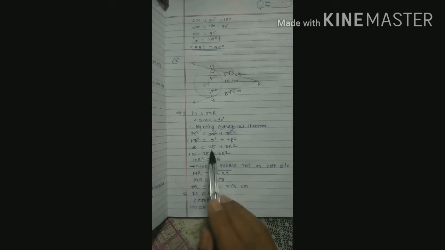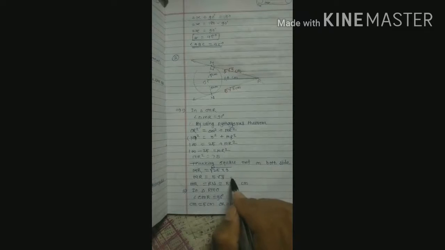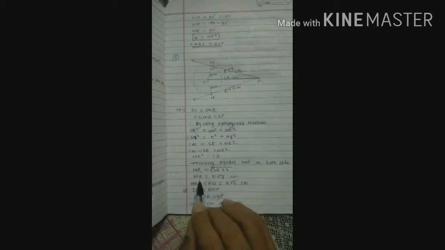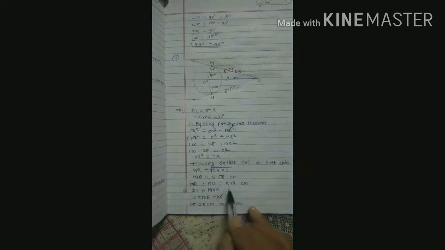So 100 minus 25, therefore remaining 75. Then taking the square root on both sides, MR is equal to 25 into 3 in root. So MR is equal to 5 root 3 centimeter, and this MR and RN are the same, and hence the value of MR and RN is equal to 5 root 3 centimeter.